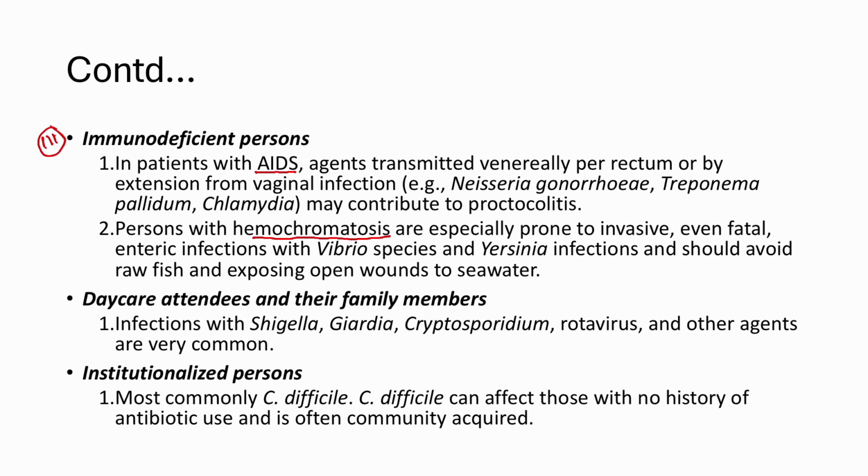They may lead to proctocolitis, and it may present as diarrhea. Hemochromatosis patients can get infected with Vibrio species and Yersinia infections, and they should avoid eating raw fish and exposing open wounds to seawater, because they are more prone.